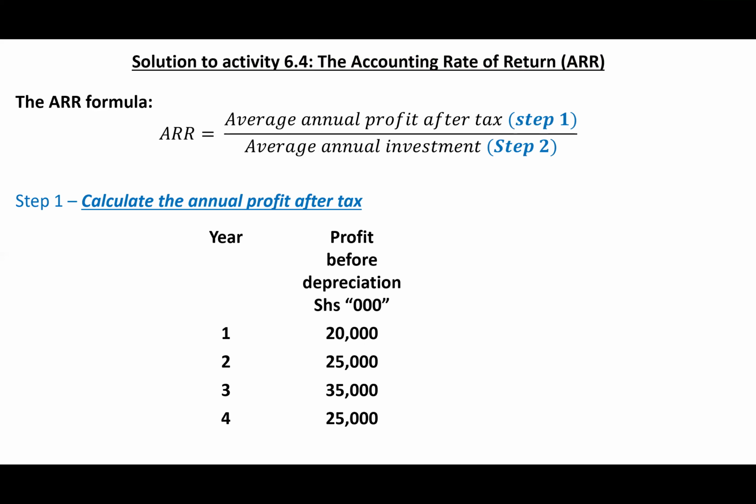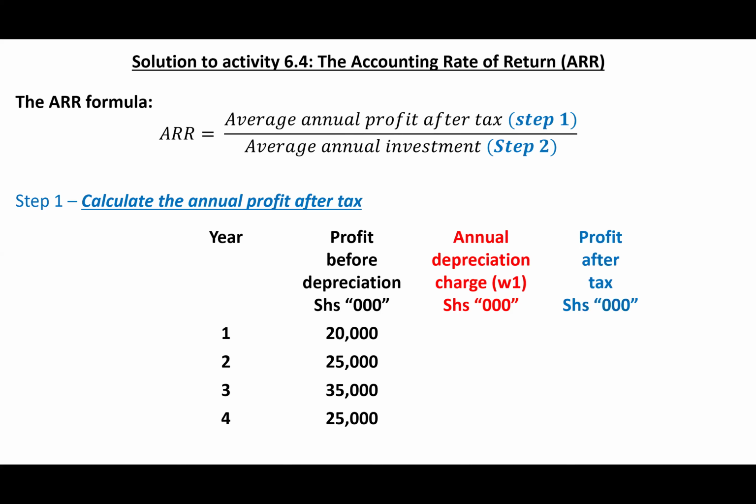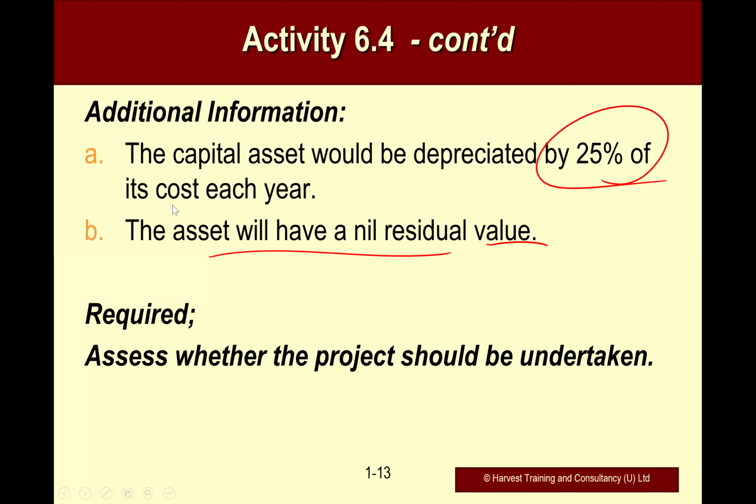How? We shall get the profit before depreciation, which is given in the question. These are the profits given. Then we charge depreciation, and then we shall have the profit after tax. So how much is the depreciation? We are told in the question that we shall depreciate this asset at 25% on cost. So 25% on cost is straight line, not so?